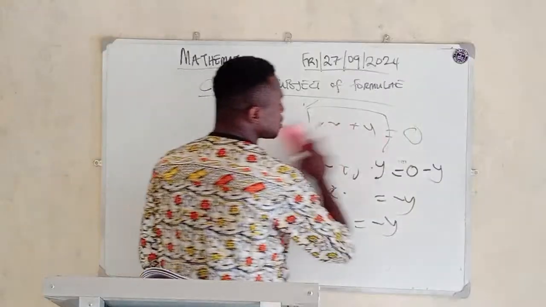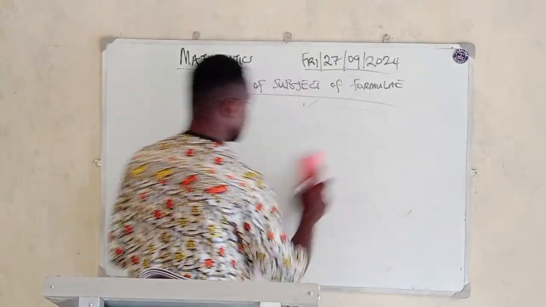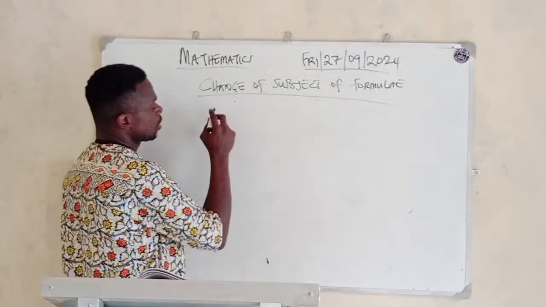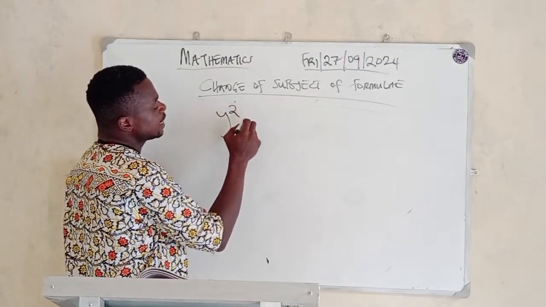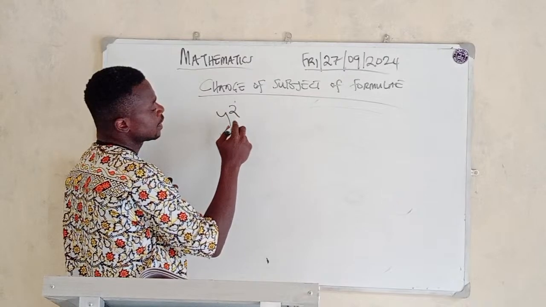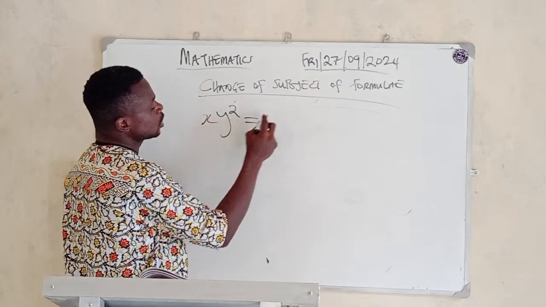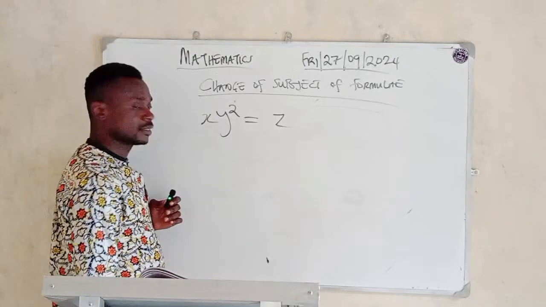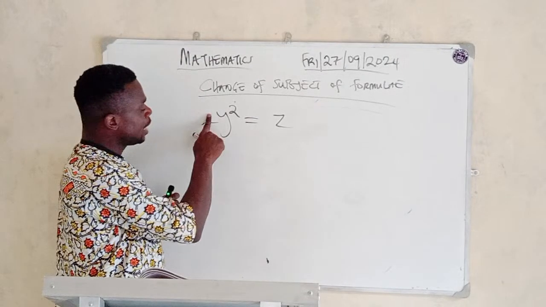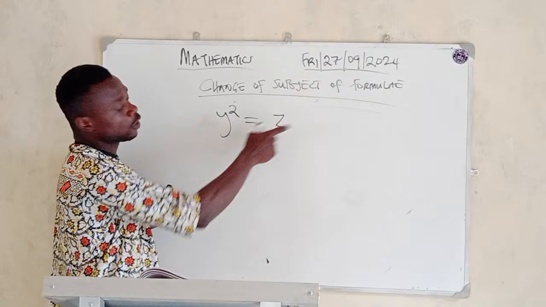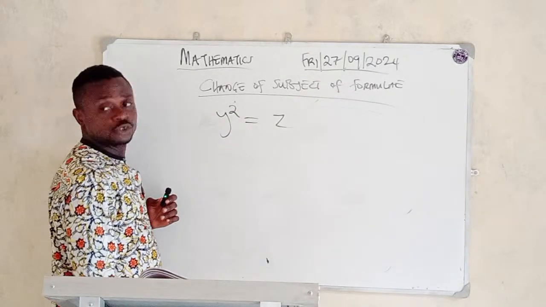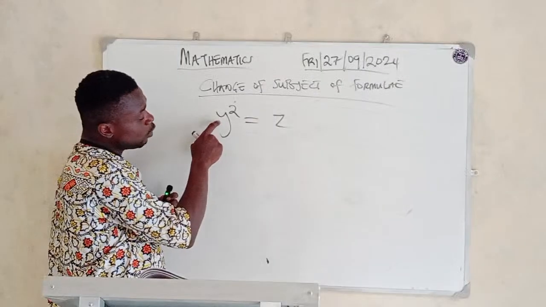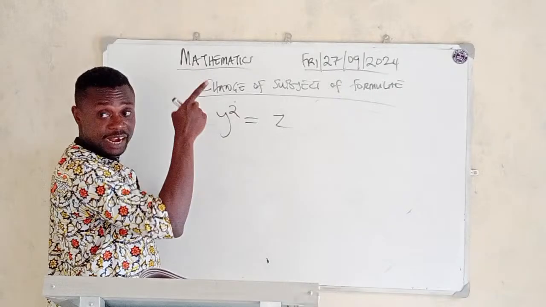Now a scenario where you have something like this. Let's assume you have y squared is equal to z. So what are you going to do? What is there is a power, a square, right?